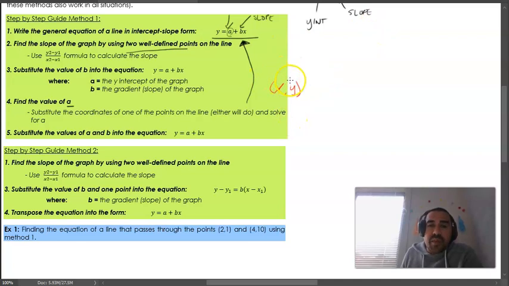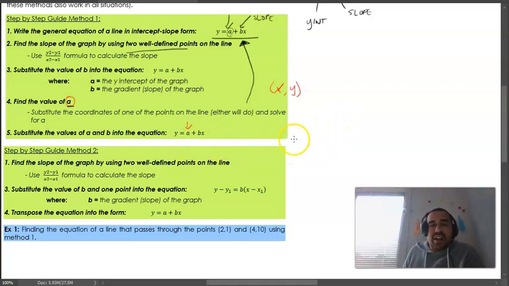Grab that point and substitute it into this equation. Wherever you see an x, replace it with a number. Wherever you see a y, replace it with a number. And our b would have been already solved from the previous step and substituted here. What will be left is just this letter a and a little bit of algebra tidy up. But this should give you the a, which you will then substitute back into the equation to get your y equals some number plus or minus some number x.